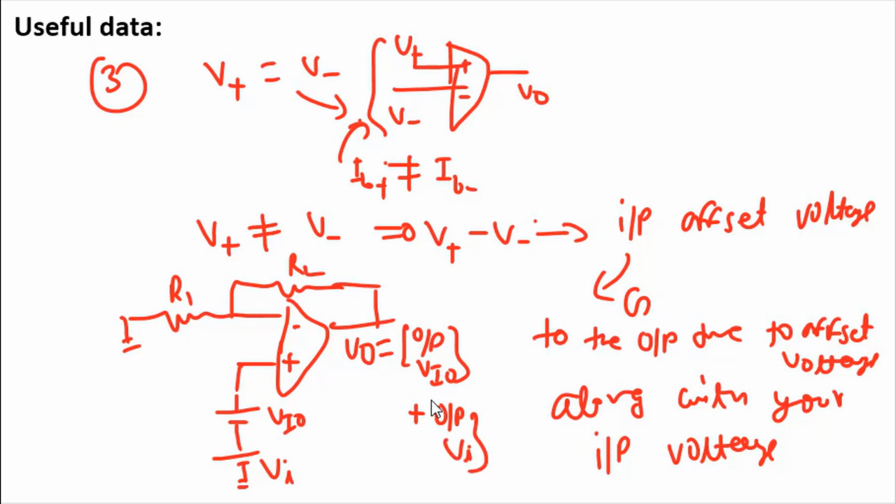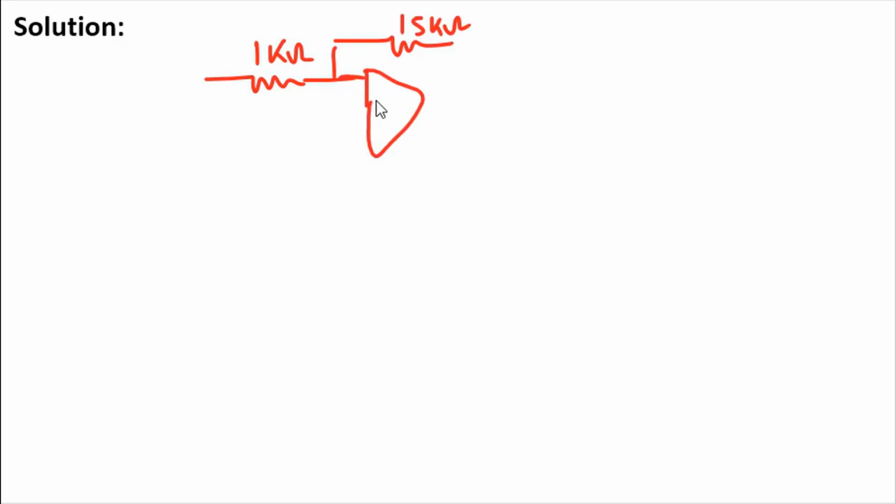Now, coming to the solution, in the question you have given R1 as 1 kilo ohm and your R2 as 15 kilo ohm, and this is connected in the configuration of non-inverting amplifier with input offset voltage as 5 millivolt and the input voltage as 25 millivolt.